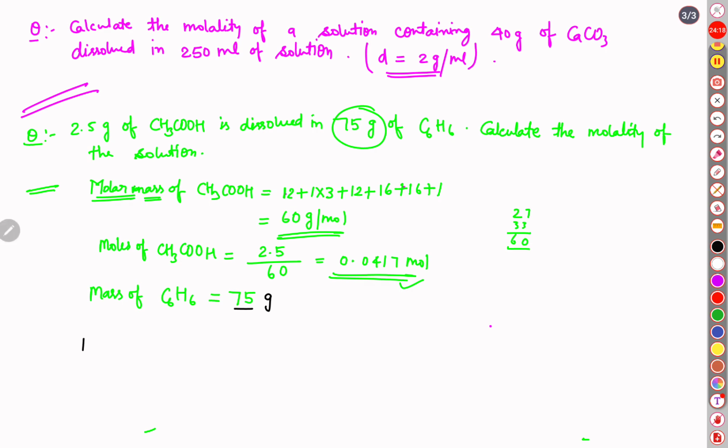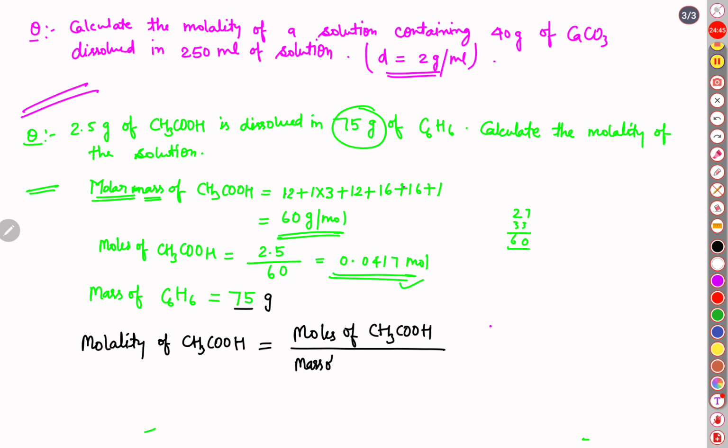So molality of CH3COOH, means ethanoic acid, is equal to moles of ethanoic acid by mass of benzene in gram, into 1000. Why have we written here mass of benzene in gram?